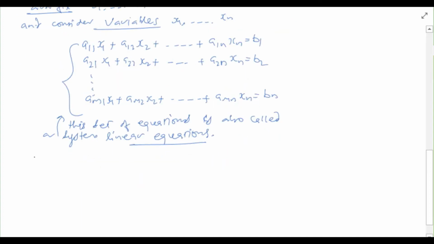Let us now define a matrix A and vectors x and b as follows.